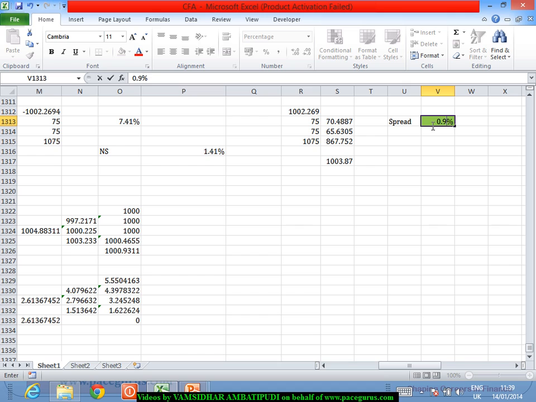So probably make it 0.95%, almost approaching. So I'll try to work it out like this, 0.96%. Yeah, it has come very close. So what I say is the spread in this case is going to be somewhere around 0.962% or something like that.